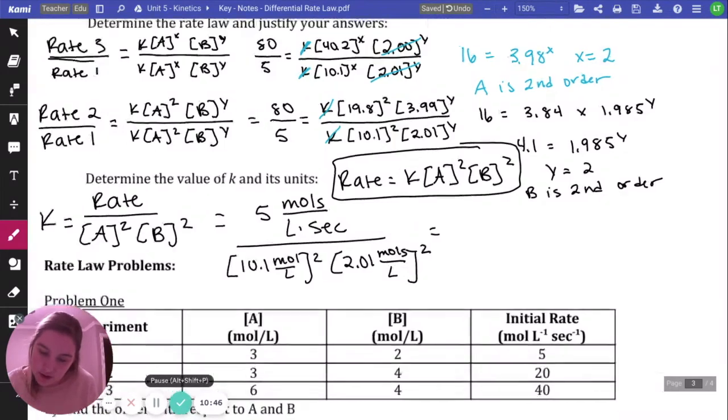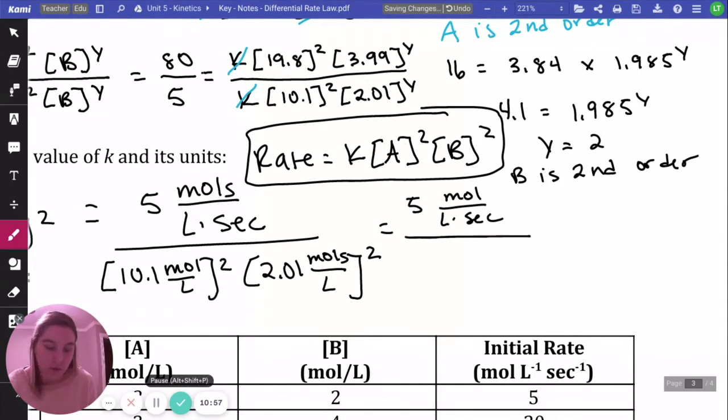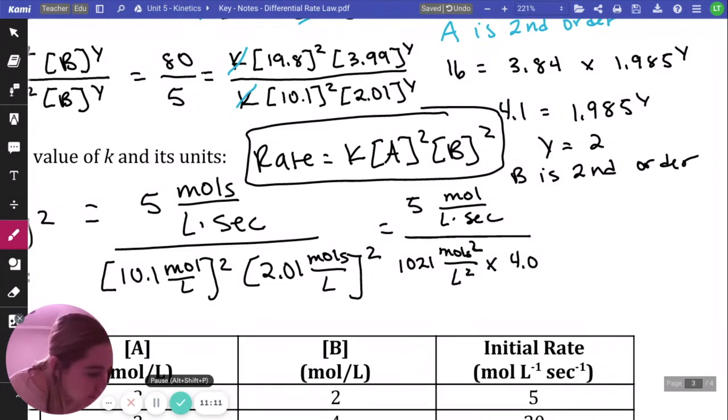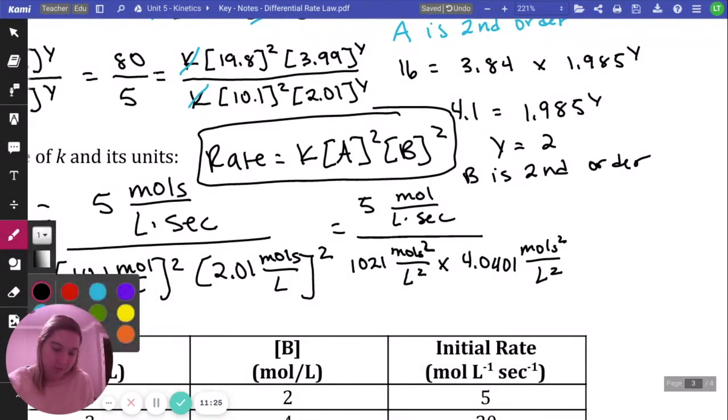When I square it out, I end up with 5 moles per liter times seconds over 10.01 squared, which is 1,021 moles squared over liters squared, times 4.0401 moles squared over liters squared. Then I start simplifying my units up here.